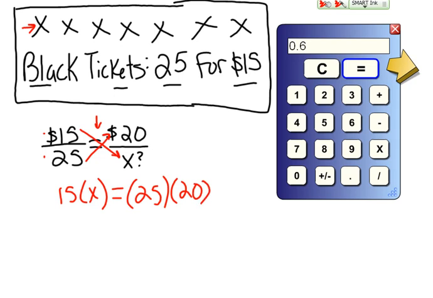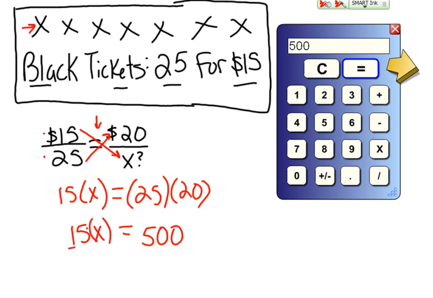Let's plug that in. 25 times 20, and we get 500. We still have the 15x over here. When we want to solve for x, what's going on over here is multiplication, and we know that because of the parentheses.